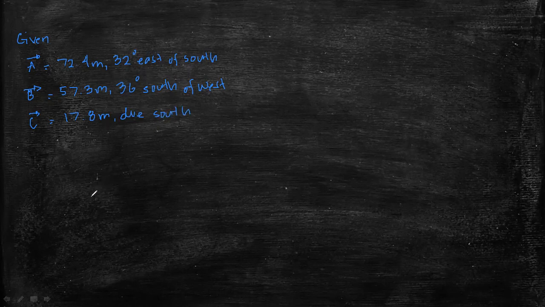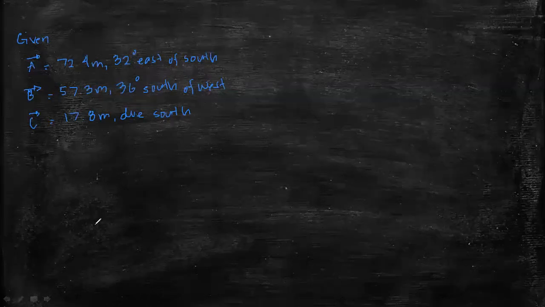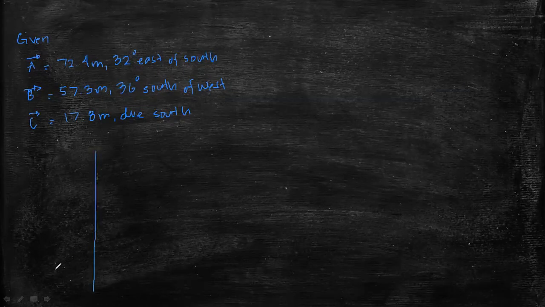So let's illustrate these three given vectors. Let's say we have here the y-axis and the x-axis, and the origin is our starting point. So the first vector A is 72.4 meters, 32 degrees east of south.